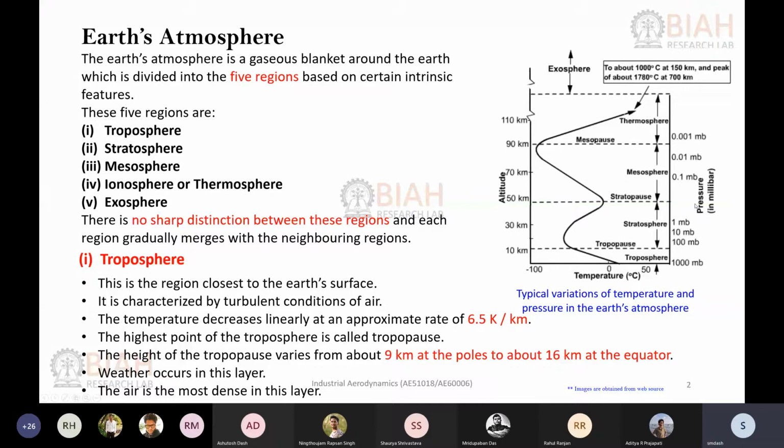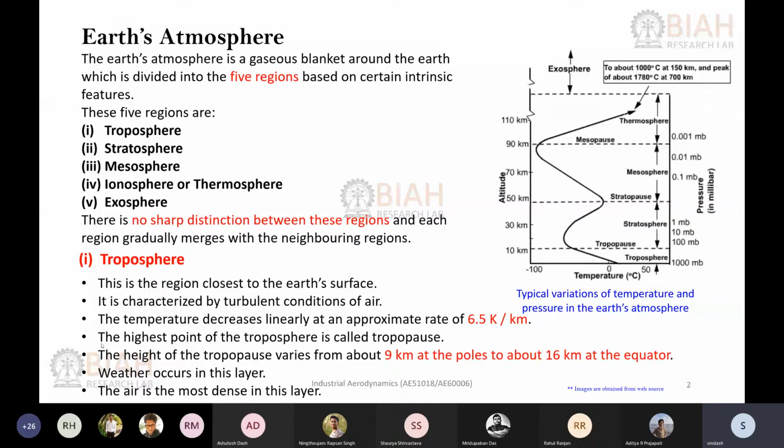As you go higher, the temperature reduces at a certain rate, and the pressure also reduces, but the rate of reduction of the pressure is different. In this particular region, it is non-linear. It is not linearly reducing.